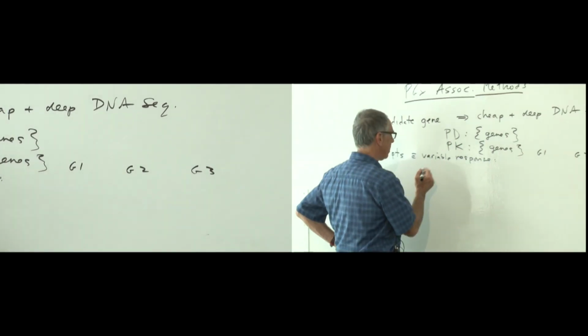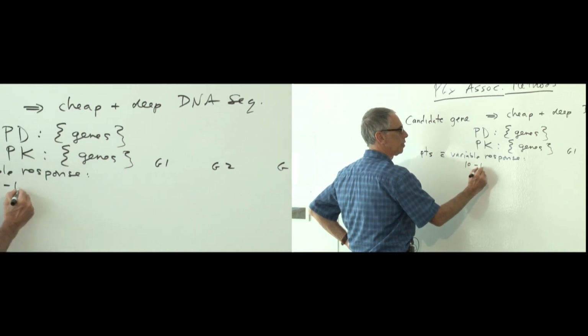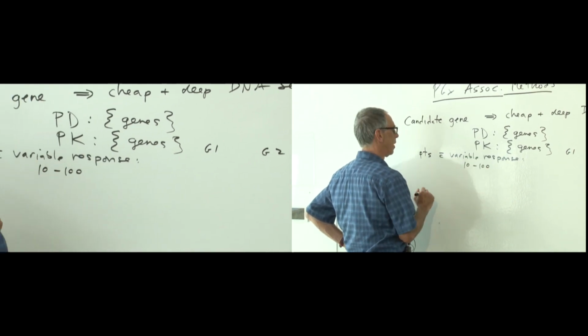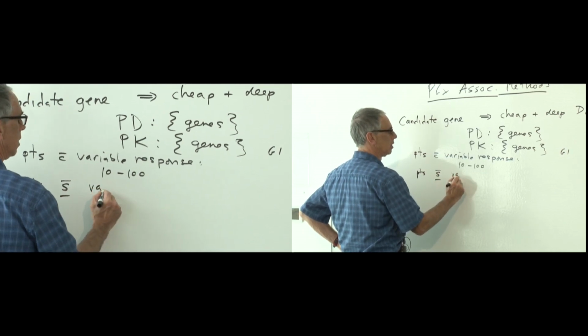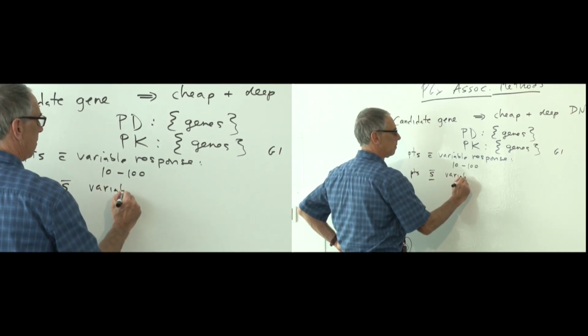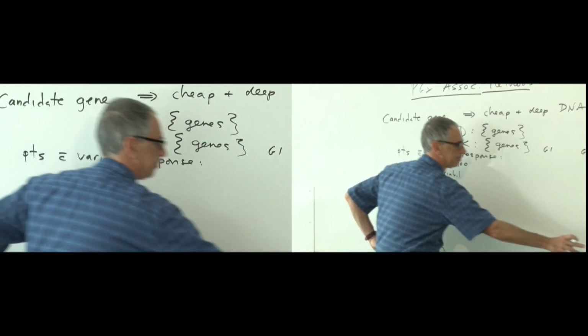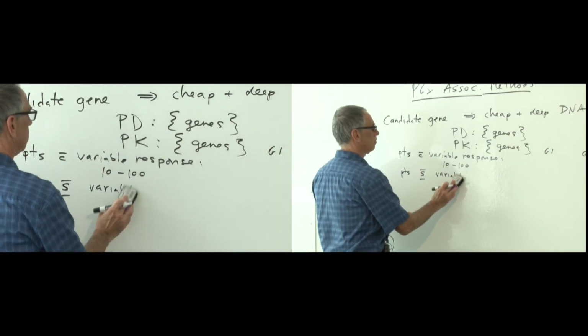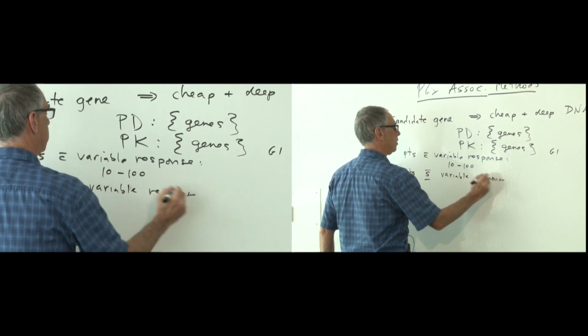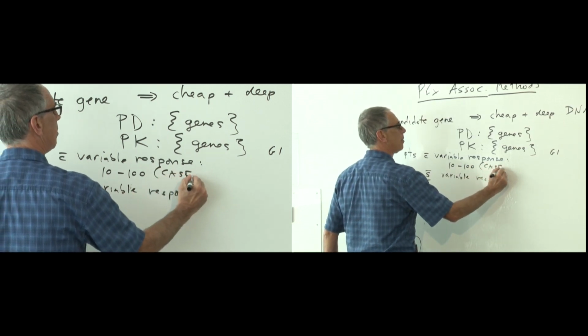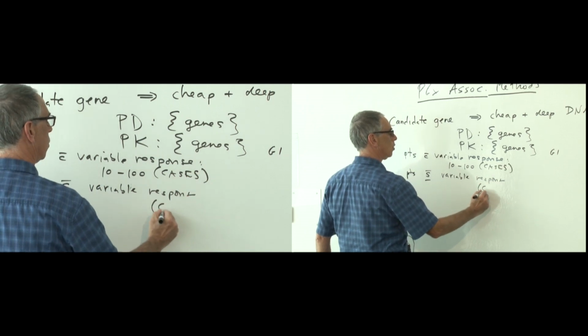We have maybe 10 to 100 patients with the variable response. We can also get patients without the variable response. So these are the controls. So these are cases at the top. These are controls.